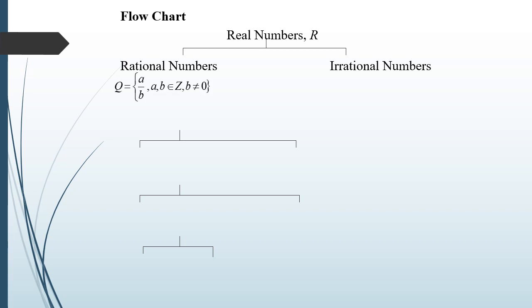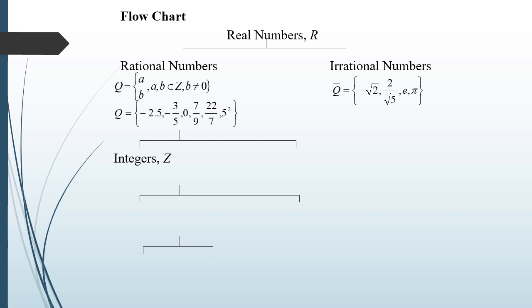Rational can be represented as a fraction, and this is the example, and as a repeating or terminating decimal. Separating into the next step, we have integers and fractions. The remaining will be the fractions, because they can be represented as fractions. Integers are values divided by 1.